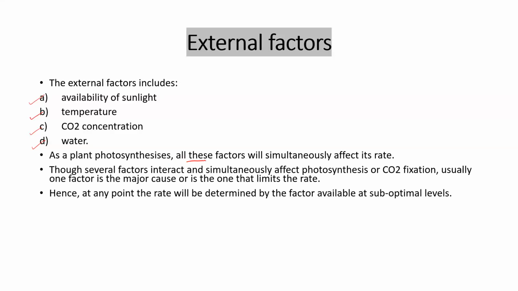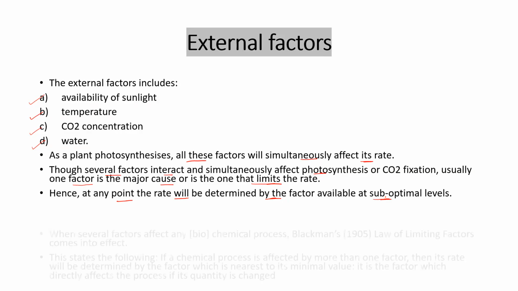All these factors will affect its rate. Though many factors interact and affect photosynthesis, one factor is the major cause to limit the rate. Hence, at any point, the rate will be determined by the factor which is below the normal level, meaning the suboptimum level.